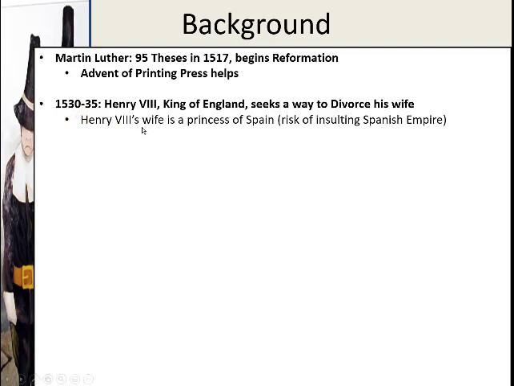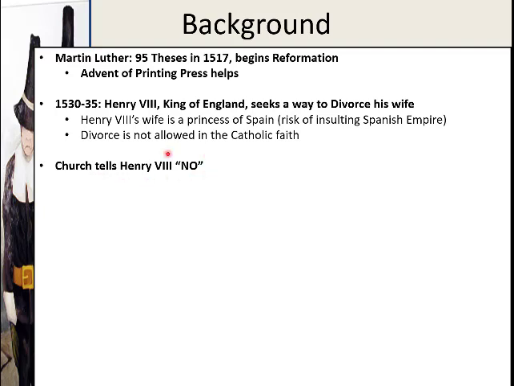So, what does Henry VIII do? Okay, this is actually kind of brilliant in its own way. All right. The church tells Henry no, so Henry, throwing a temper tantrum, is going to literally invent a brand new church. And he's doing it by saying the Catholic Church is corrupt. Martin Luther says so, and the Catholic Church is no longer worthy of our attention.